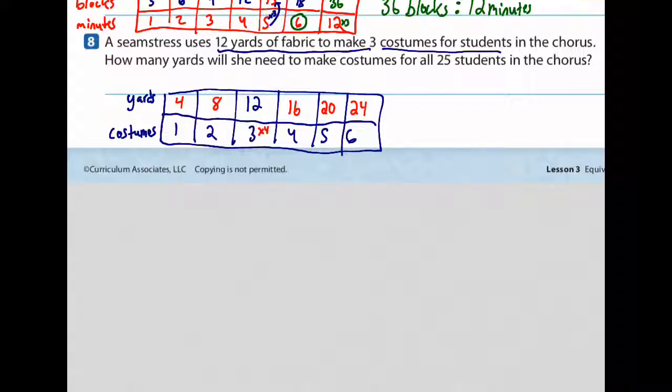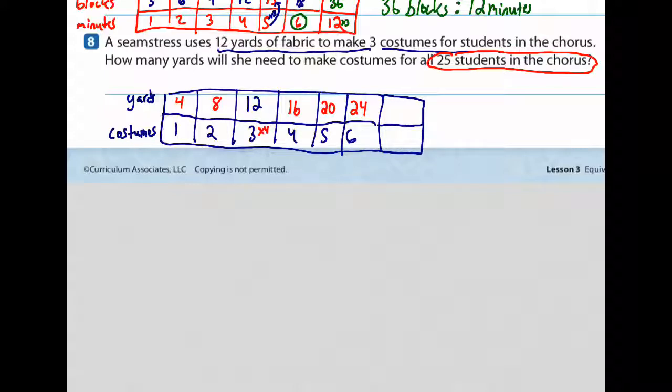So this wants to know, how many yards will she need to make costumes for all 25 students? Okay, so let's think about this. Let me get my pointer ready. If she makes 24 yards for 6 costumes, and the rule is times 4. Now remember, I'm going to add on to my table, but I don't need to do 7, 8, 9, 10, etc. I can just jump the number of costumes.